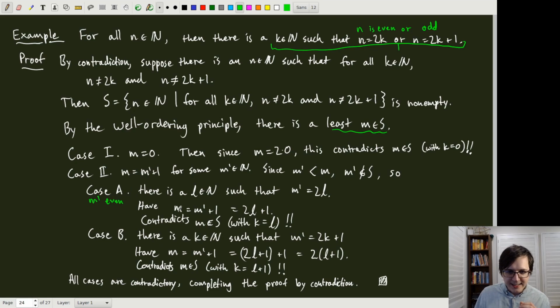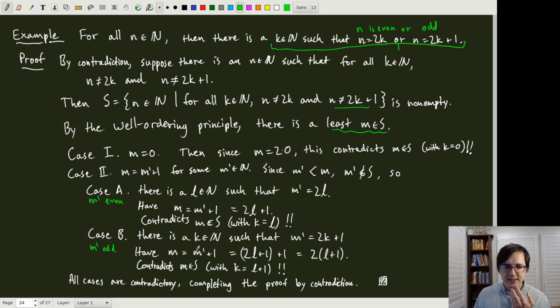So we can calculate that M, which is M prime plus 1 by assumption, is then 2L plus 1, substituting in 2L for M prime. But that contradicts M being in S, because we can set K to be L, and this one is contradicted. So that can't happen. Case B is when M prime is odd.